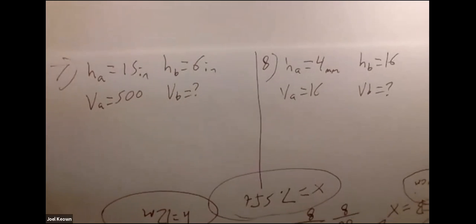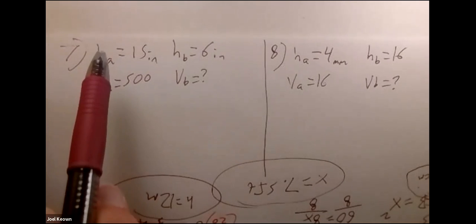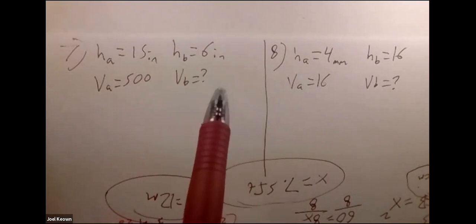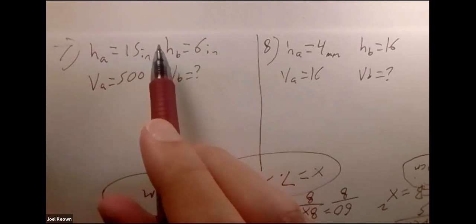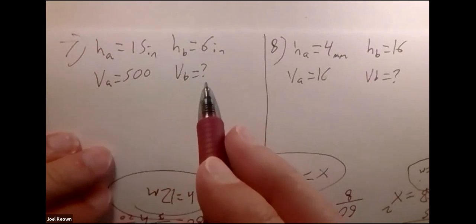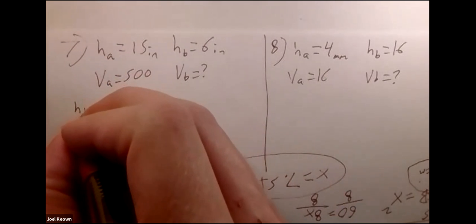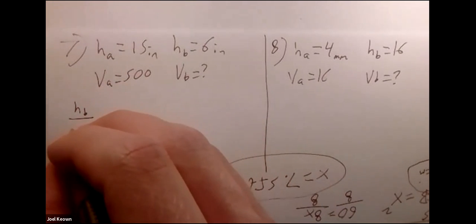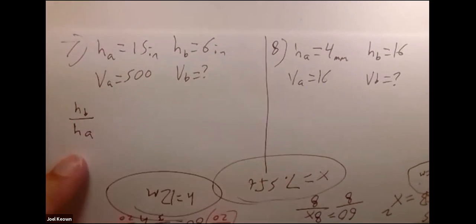So this is what I have. I have the height and volume of pyramid A, height and volume of pyramid B. So they're similar, so this right here is a ratio that I need. So I'm going to put always the smallest one on top. So I'm going to say H of B over H of A in this case.